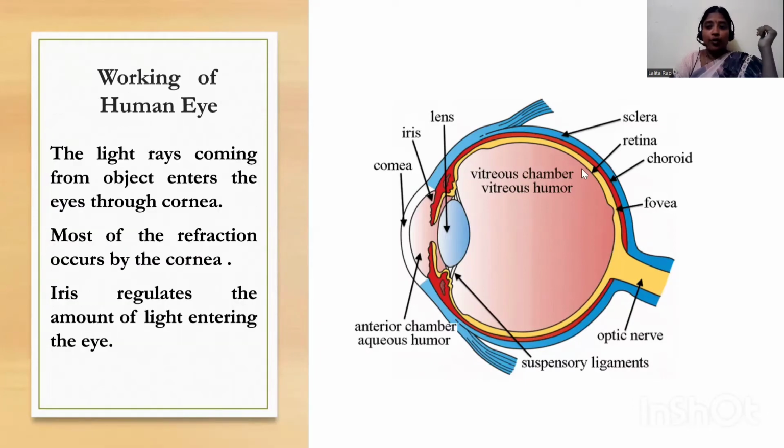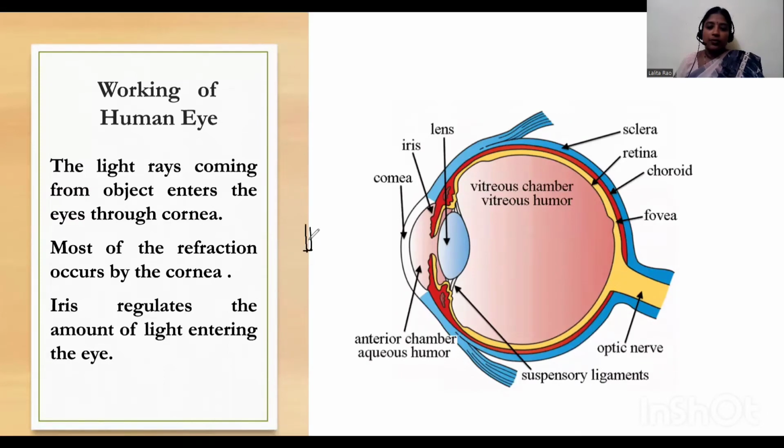Now, working of the human eye. How does our human eye work? Whenever you see any object, suppose this pencil, light rays originate from this pencil, many rays originate, and from the cornea they converge.